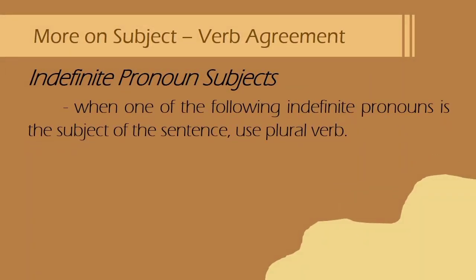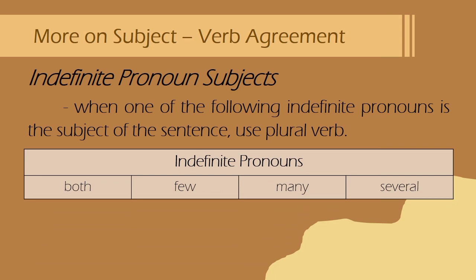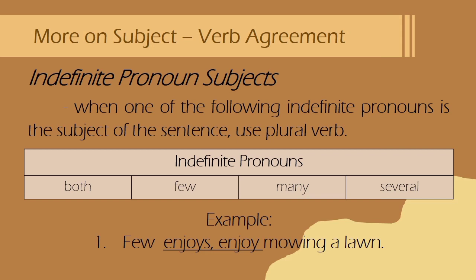When one of the following indefinite pronouns is the subject of the sentence, use a plural verb. The indefinite pronouns are both, few, many, and several. For example, few enjoy mowing alone. Few is used as a subject in the sentence, so we are going to use the plural verb enjoy.